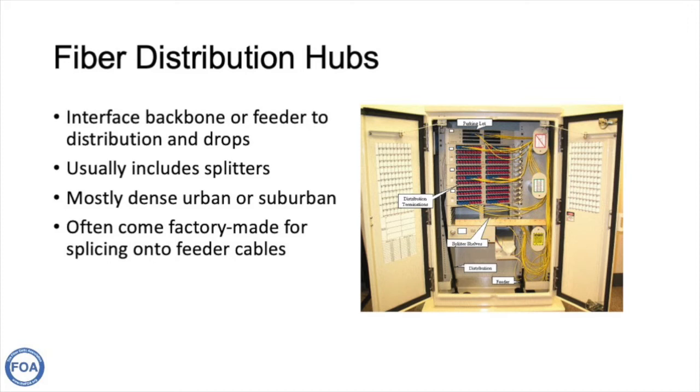So we have a patch panel, splitters, incoming cables, outgoing cables. It's a different kind of hardware, but should be familiar to any tech who's serviced fiber optic equipment in the outside plant in the past.